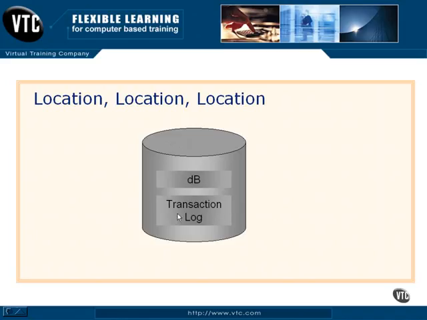At the same time, our transaction log is having to be written and read from. We have read and write contention going on that disk because both the database and the transaction log are disk intensive, and they're both trying to get time to be read from or written to.